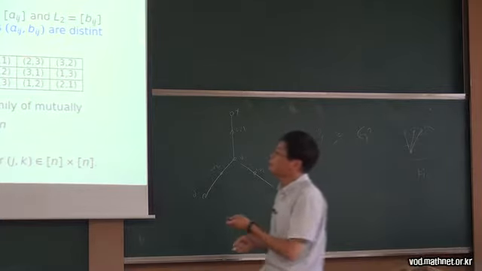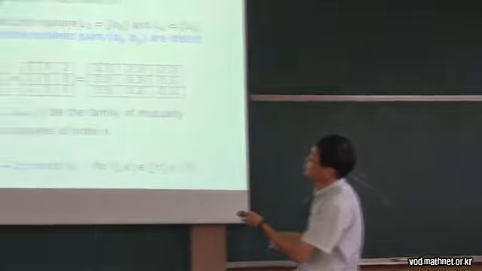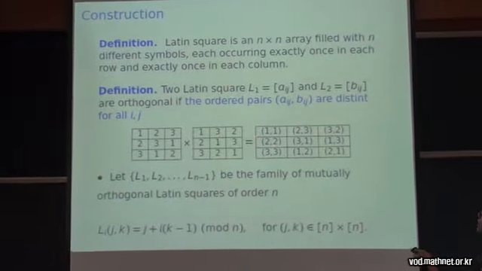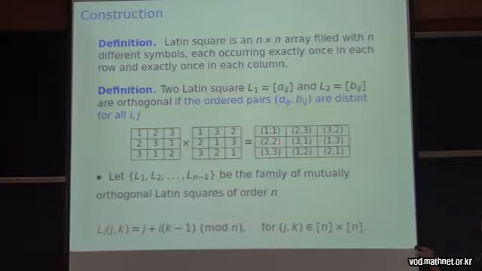With orthogonal Latin squares, each pair, for example 1,1, appears only one time in the 9 choices, and 1,3 appears only one time.